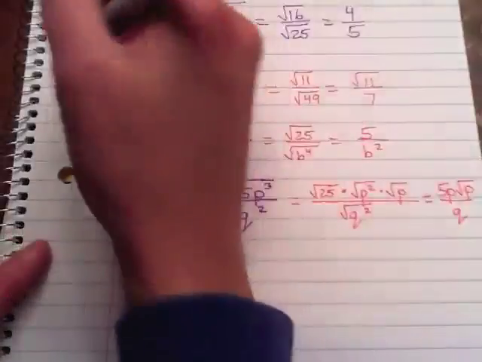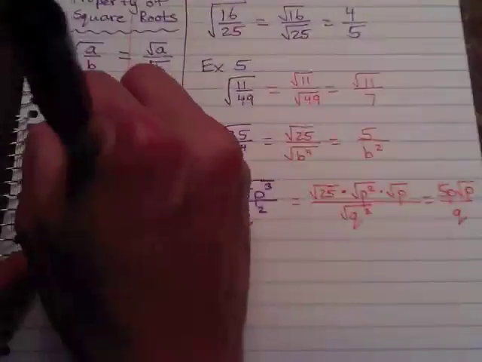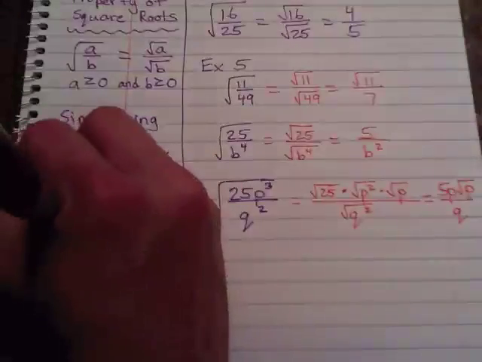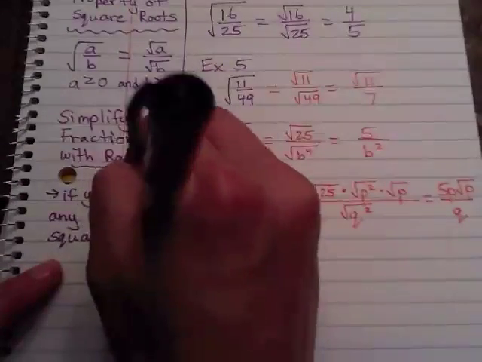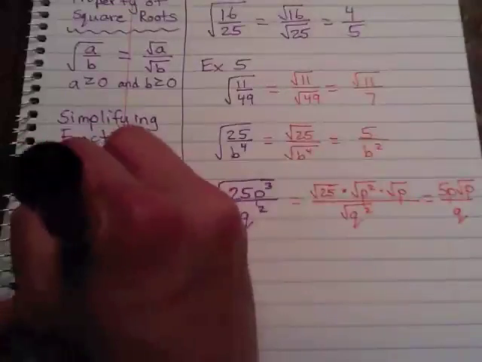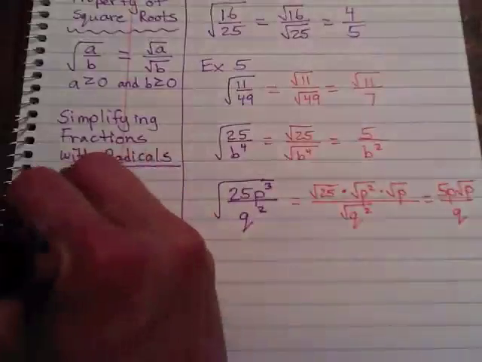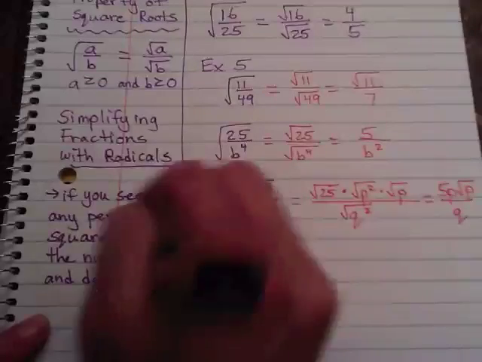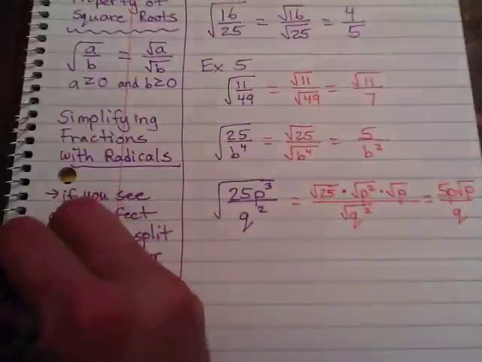So when you're simplifying fractions with radicals, if you see any perfect squares, split the numerator and denominator to simplify individually.